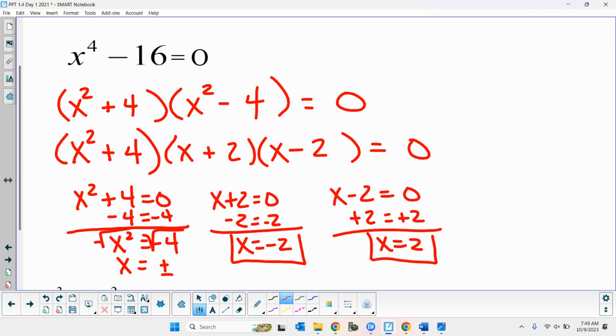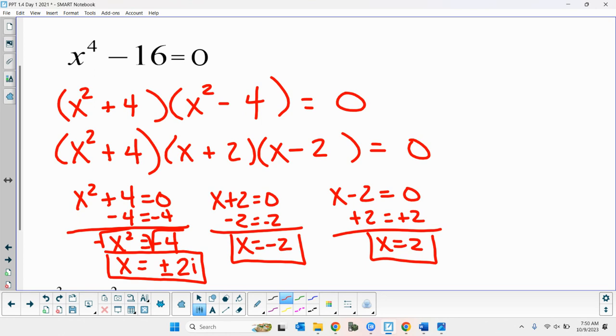On your quiz. I don't know yet because I haven't graded them. But hopefully you didn't. And what is the square root of negative 4? 2i, right? I because it's negative, and 2 because 4 is a perfect square. So here are your 4 answers: positive 2i, negative 2i, negative 2, and positive 2.